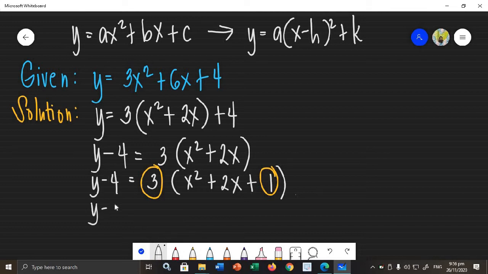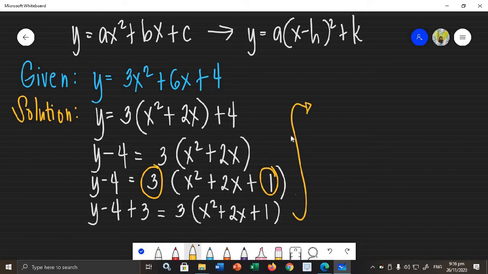Positive. So, y minus 4 plus 3. That is the number that you're going to add on the left side of the equation. And then equals 3 times x squared plus 2x plus 1. Okay? We will continue the solution here.